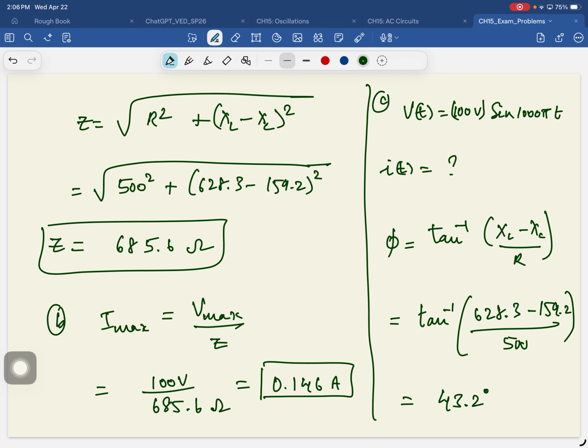Okay, and then you can convert that to radians. So we have to convert this to radians.